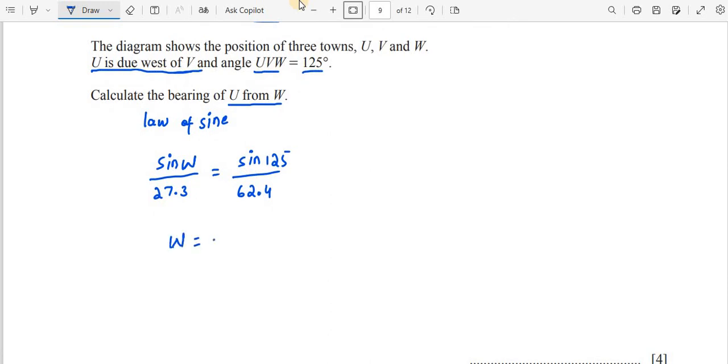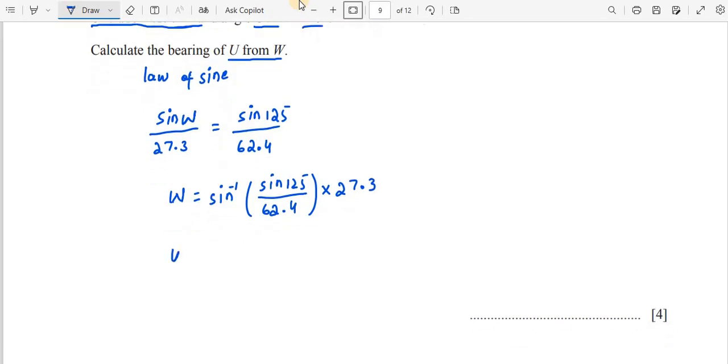To find W, W is equal to sine inverse of sine 125 over 62.4, multiplied by this value, 27.3. Calculate these values. We get W is equal to 21.